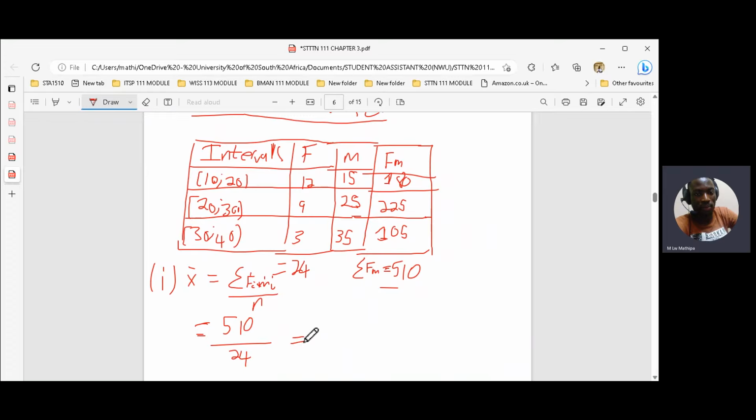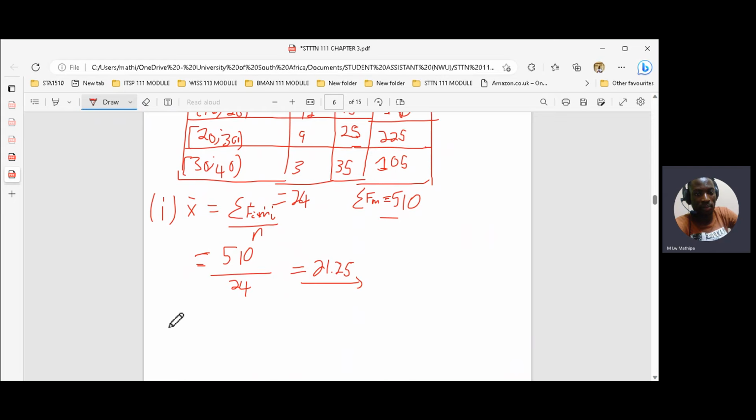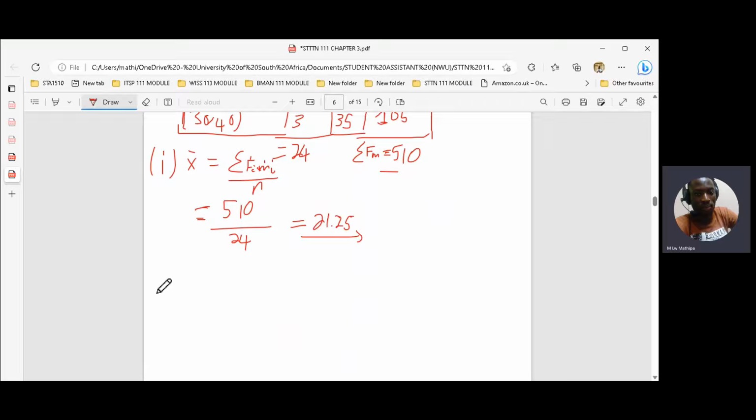Therefore, you can just do it on a calculator: 510 divided by 24, then you'll get 21.25 as your mean. Then with the arithmetic mean, we are done for grouped continuous data.